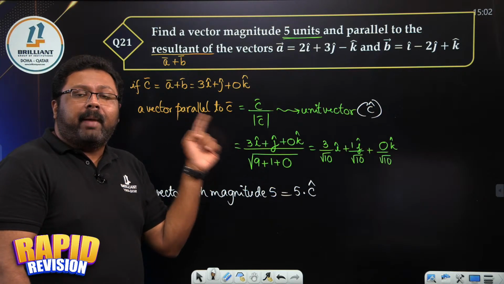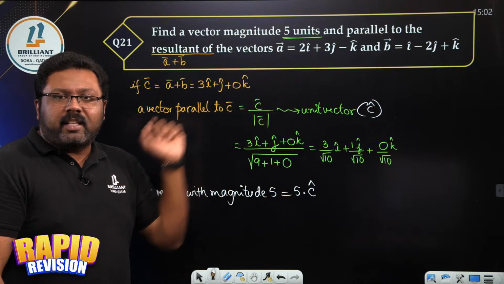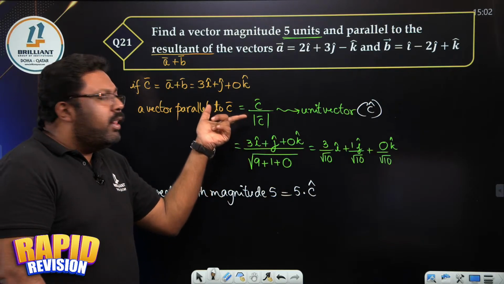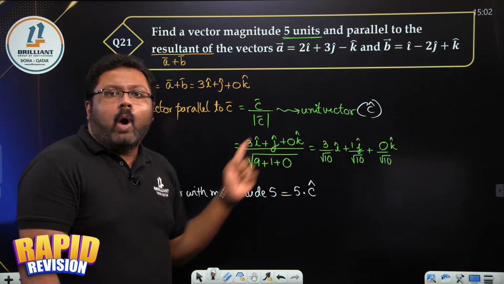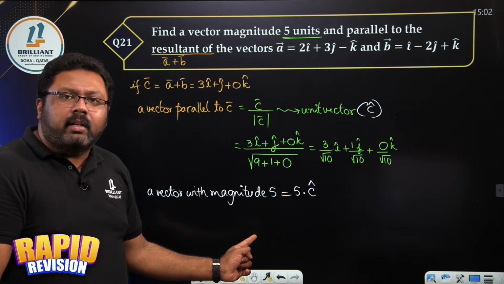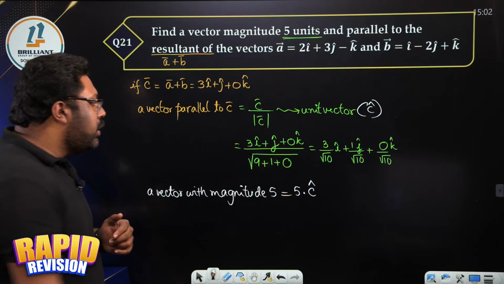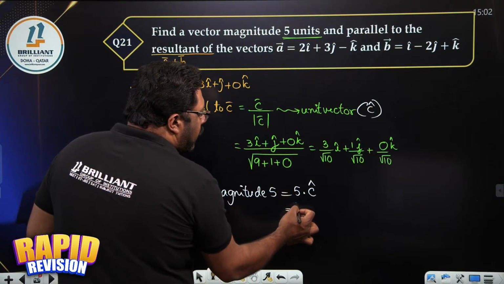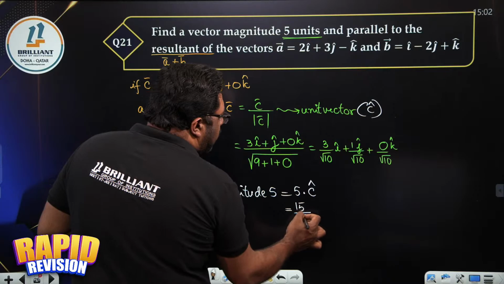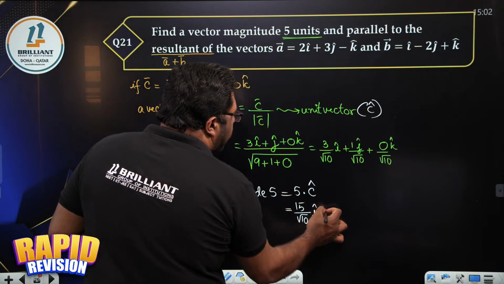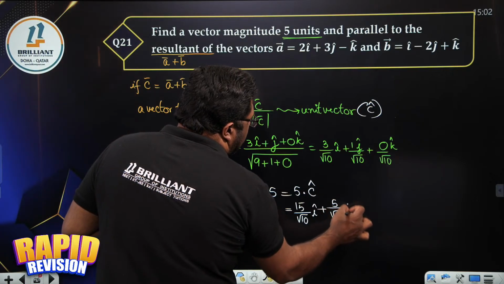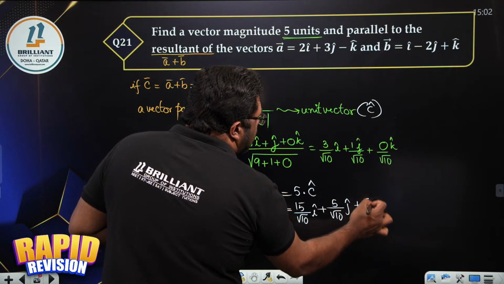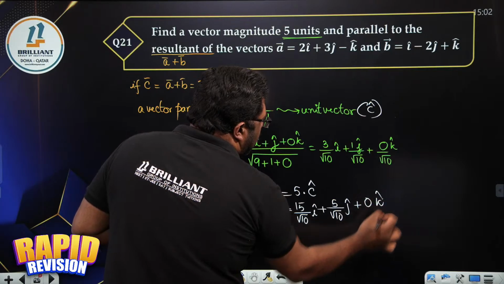To find a vector parallel to A plus B, divide that vector with its magnitude, which is called the unit vector. How to make it have a different magnitude? Multiply with that magnitude. So your answer, 15 by root 10 i, 5 by root 10 j, 0 k.